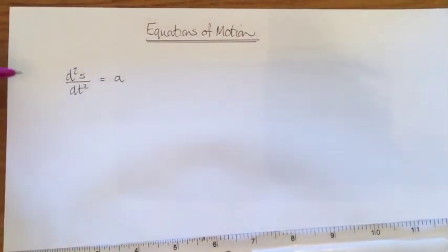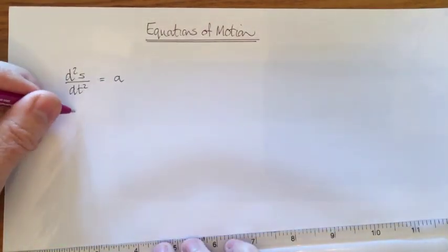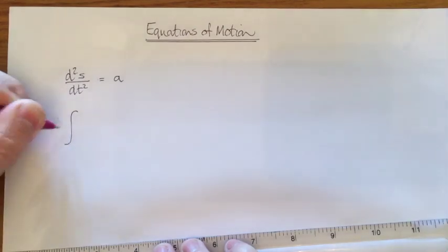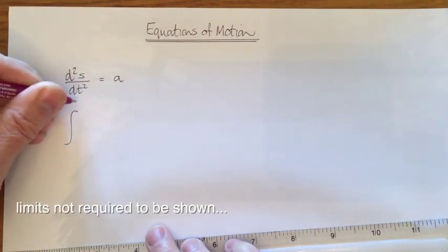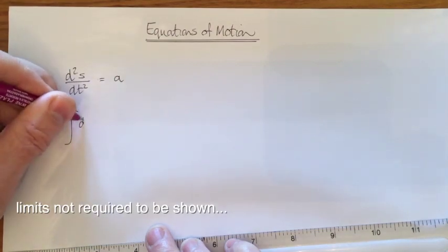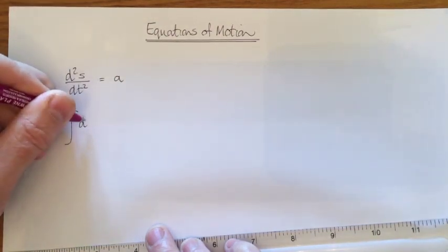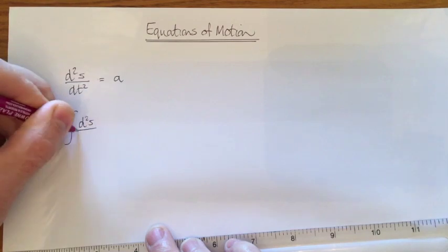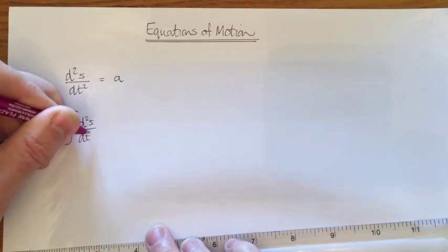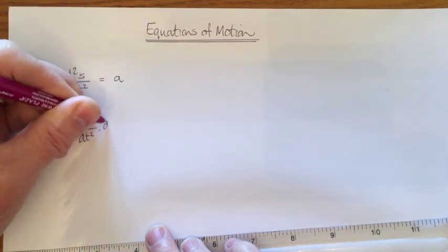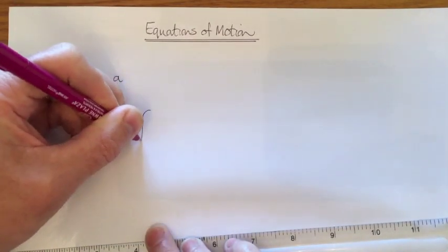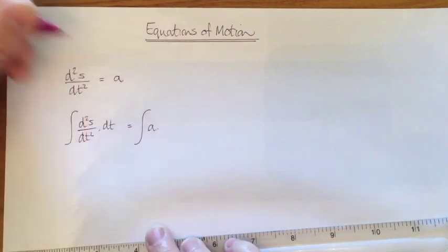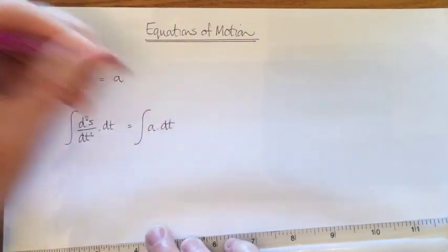Right, we're going to integrate this statement here. Remember, all integrate means is that we are finding the area under a curve from one point to another point with respect to whatever is on the x-axis of that graph. So if we integrate this with respect to time, that's going to be equal to integrating the acceleration with respect to time.